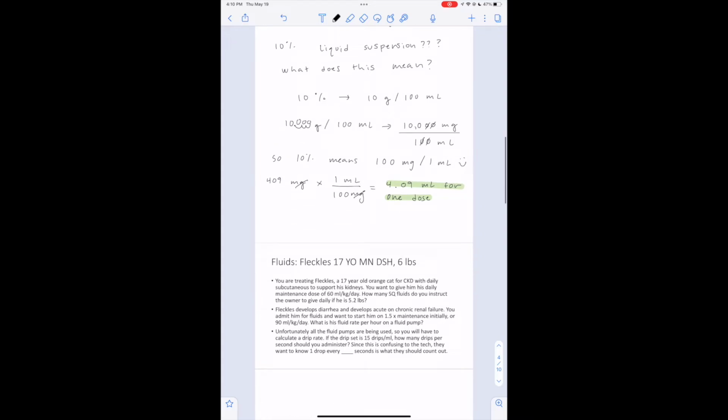And it says you're giving one dose each day. So you just take the milliliters that you got and multiply by 5. So around 4.1 milliliters, 5 days gives you 20.5 milliliters that you need to send home.